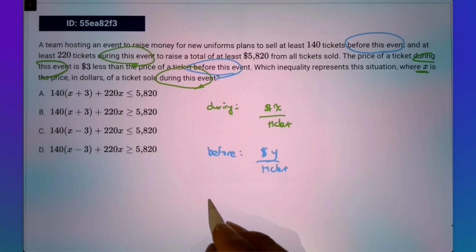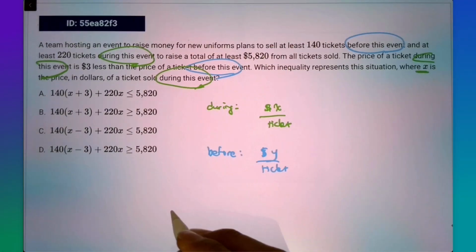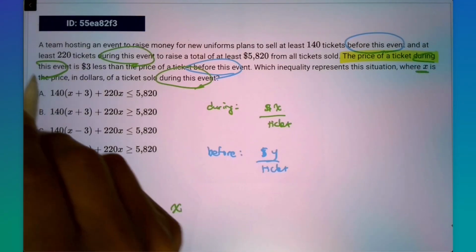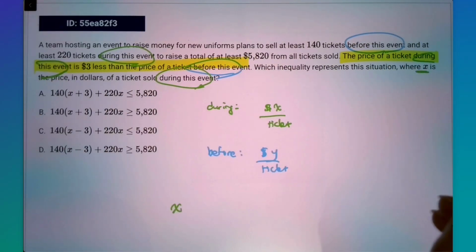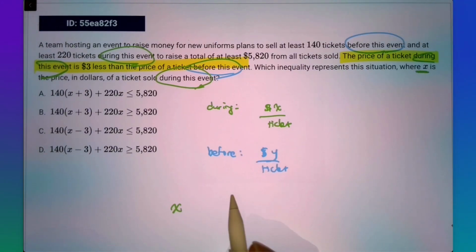we're saying that during this event, X in green, I'll highlight the part I'm translating here. The one I'm highlighting is telling us to translate that during the event, the price of a ticket is X, because that's what I wrote here.